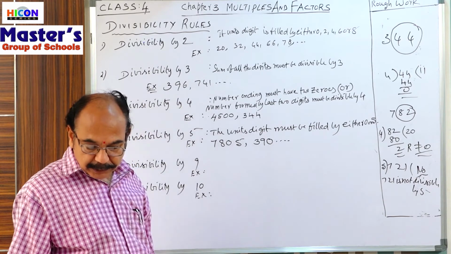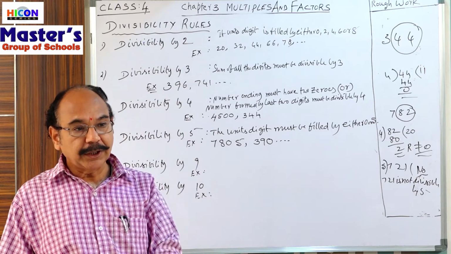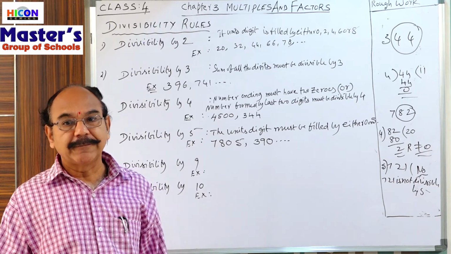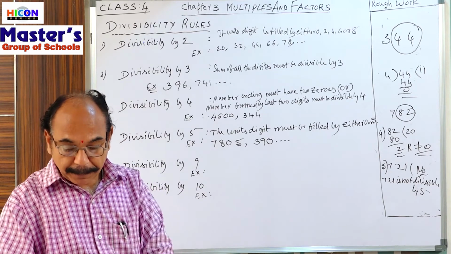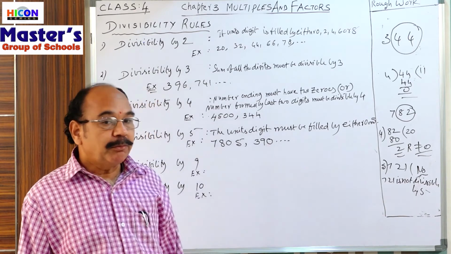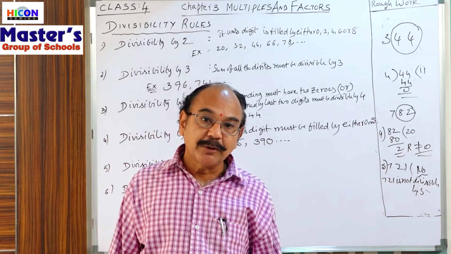Divisibility by 9, children. Again, what is the divisibility rule by 9? It is the sum of all the digits of a given number.